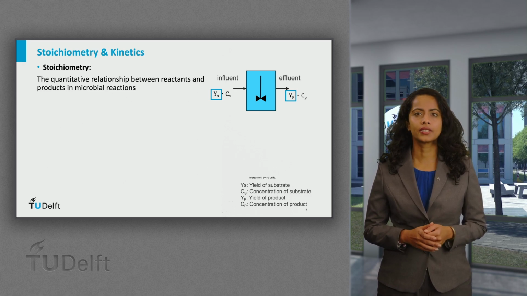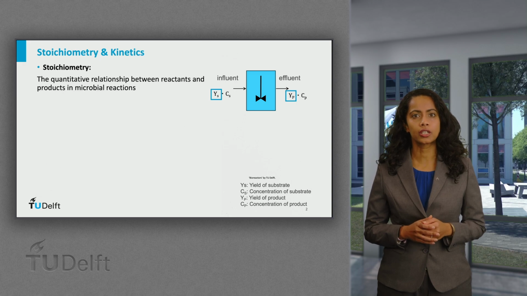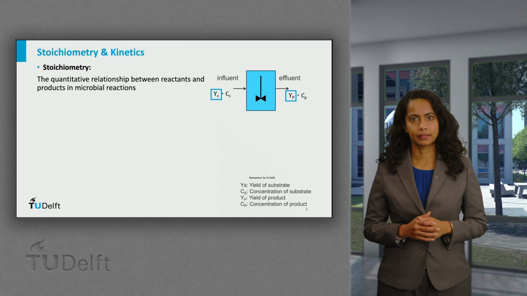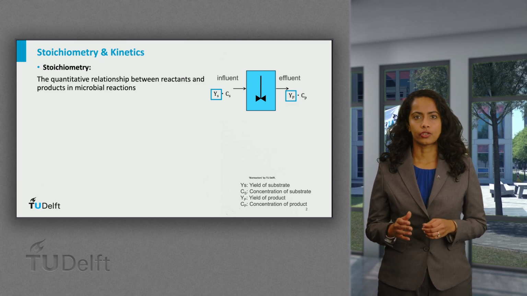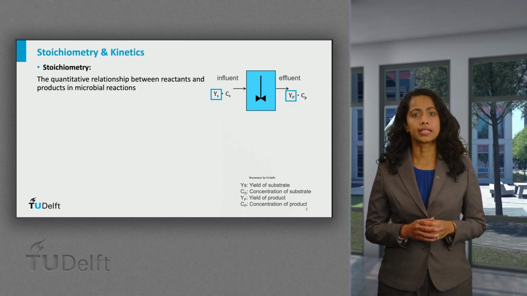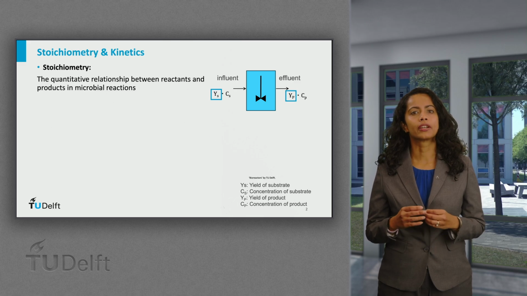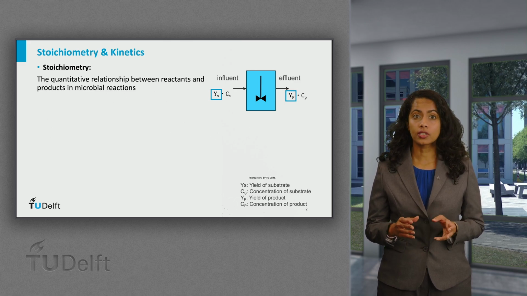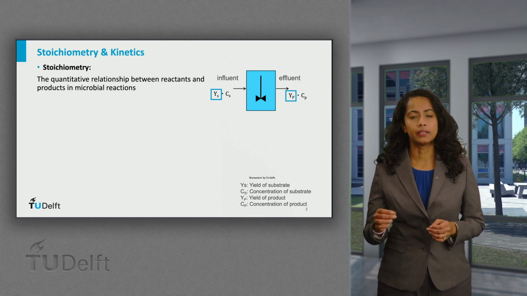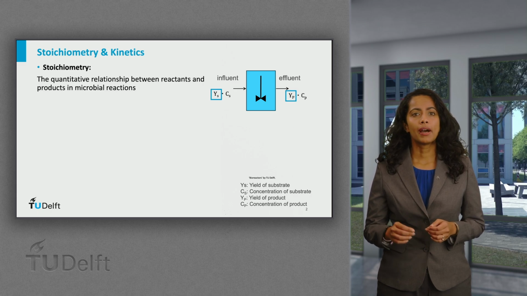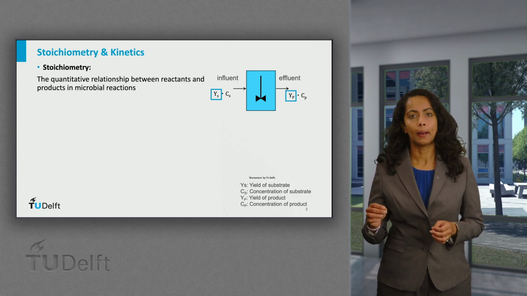This compound has a stoichiometric coefficient or yield, which we call YS. When leaving the reactor, the effluent contains products arising from microbial conversions at concentrations Cp, represented by a product yield Yp.